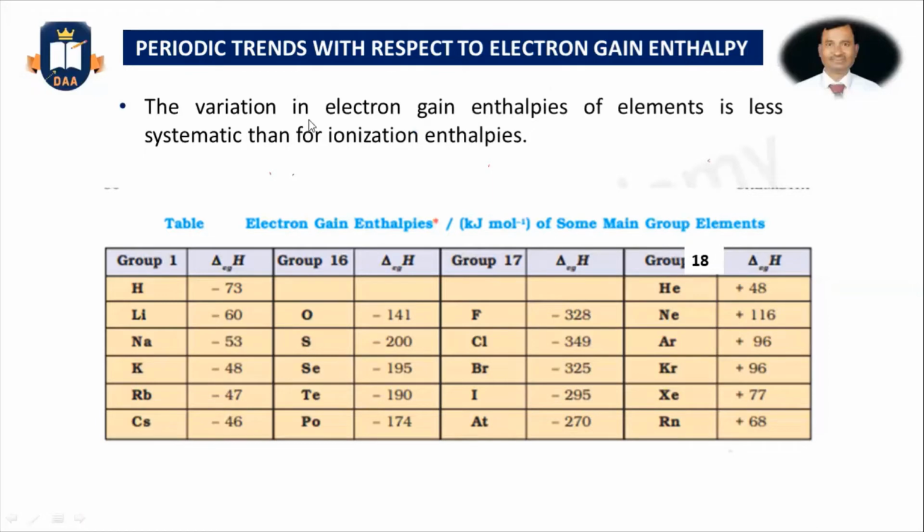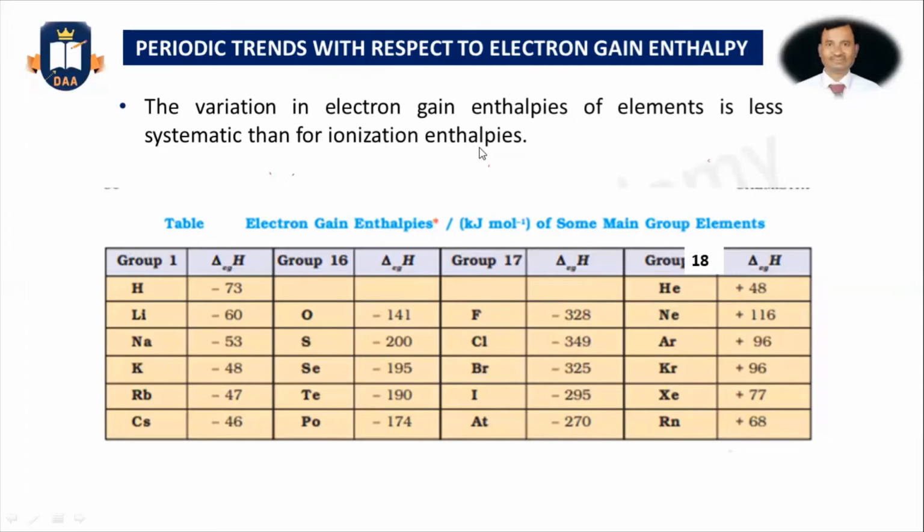The variation in electron gain enthalpies of elements is less systematic than for ionization enthalpies. When we discussed ionization enthalpies, we saw it is so systematic along the period and along the groups in the periodic table.